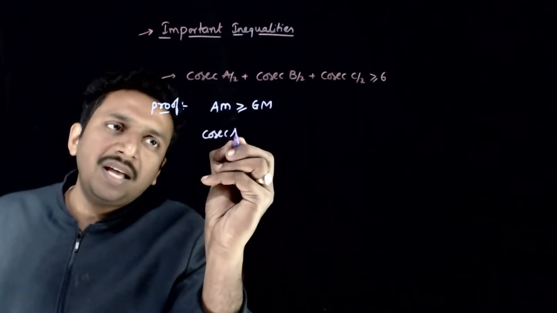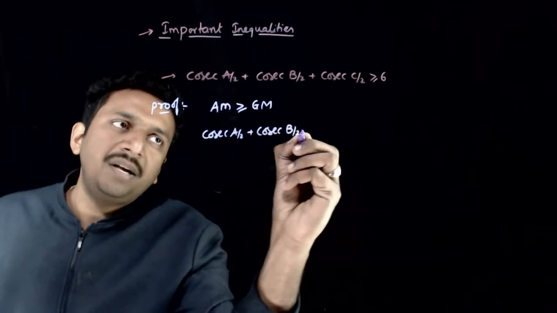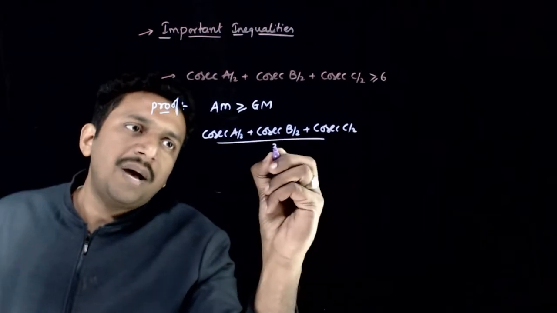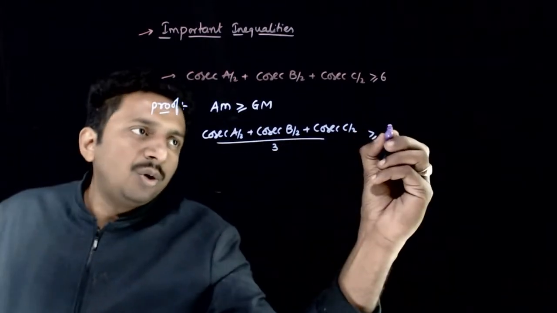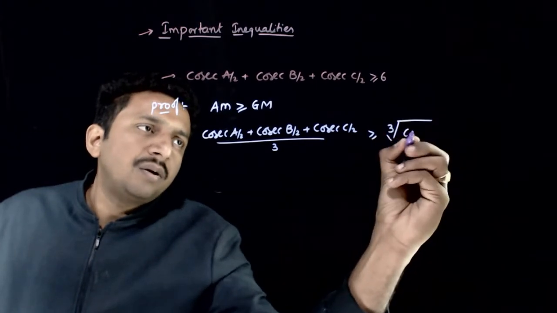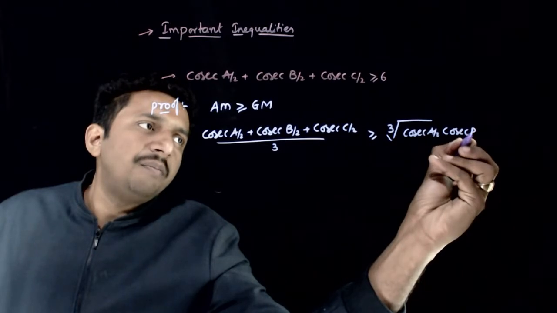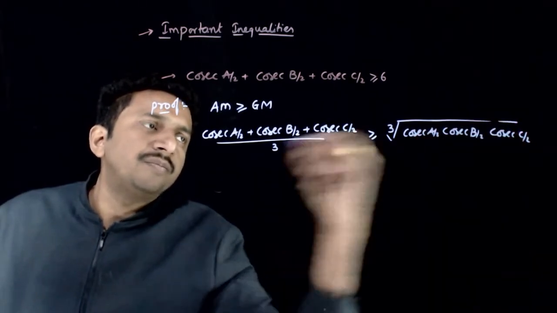So cosecant A by 2 plus cosecant B by 2 plus cosecant C by 2, divided by 3, is always greater than or equal to the cube root of cosecant A by 2 times cosecant B by 2 times cosecant C by 2.